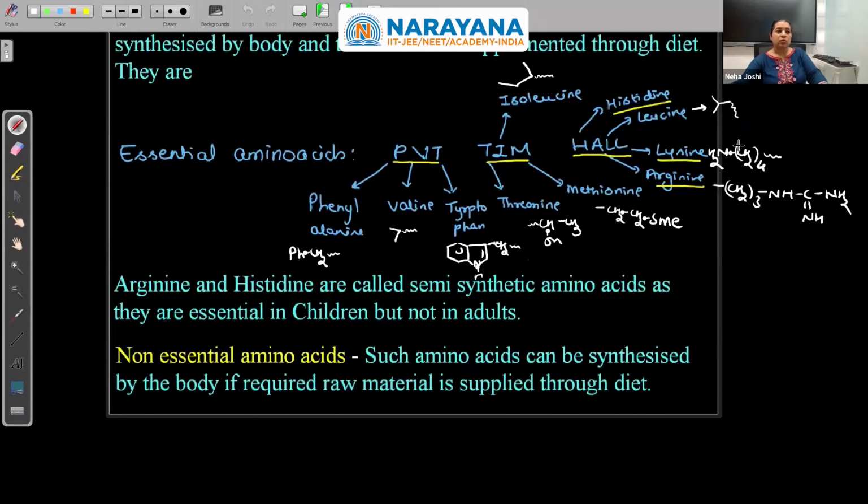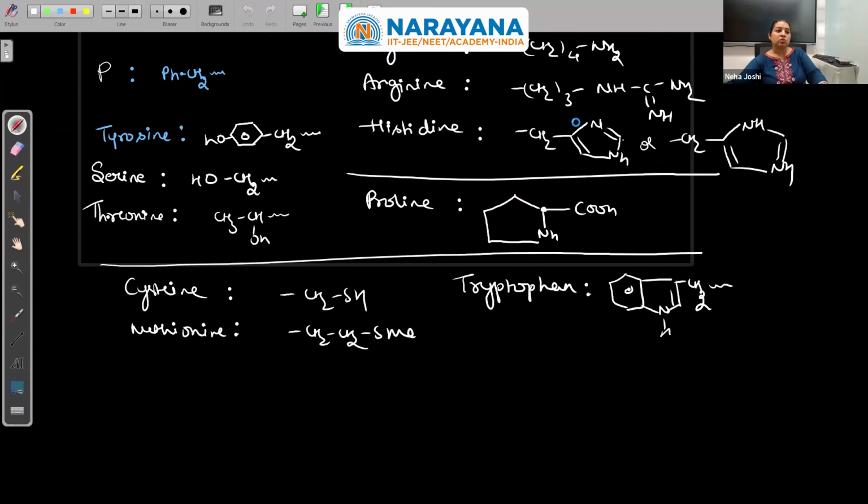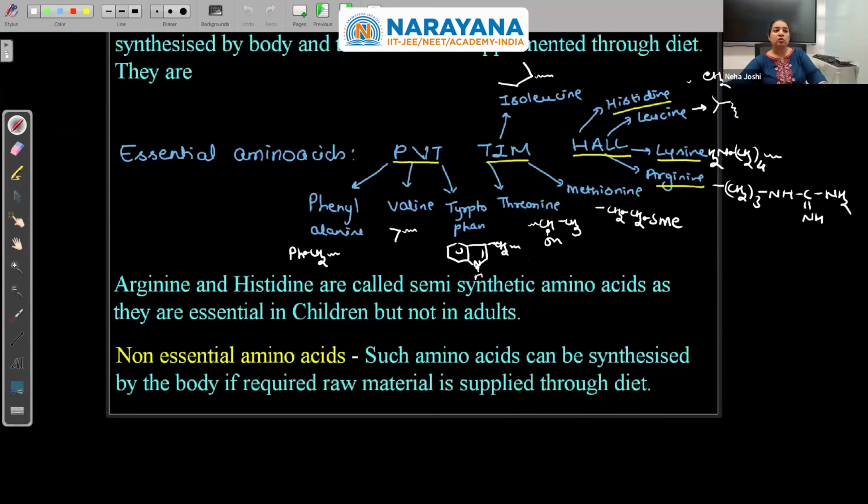Okay, so what was histidine? Histidine, in which we had connection with CH2. Then from the point of linkage, one side is nitrogen, one alternate position nitrogen, right?